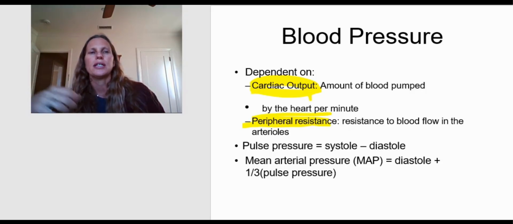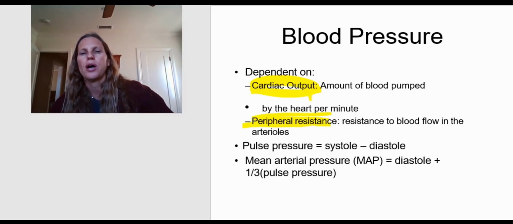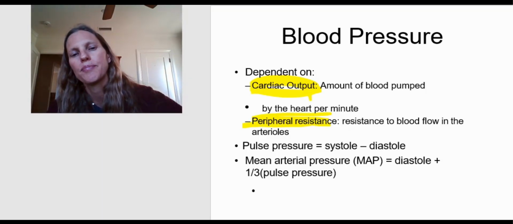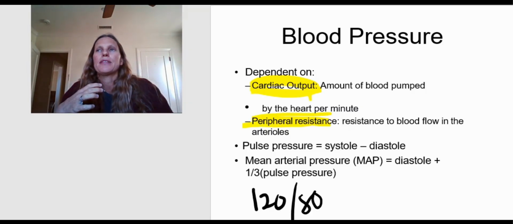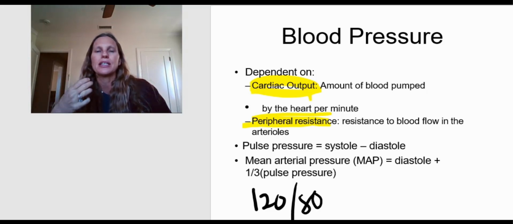So let's say your blood pressure is 120 over 80, which is considered normal. That number at the top, 120, is the pressure in the vessel at the aorta, the pressure that your left ventricle has to generate to eject the blood.